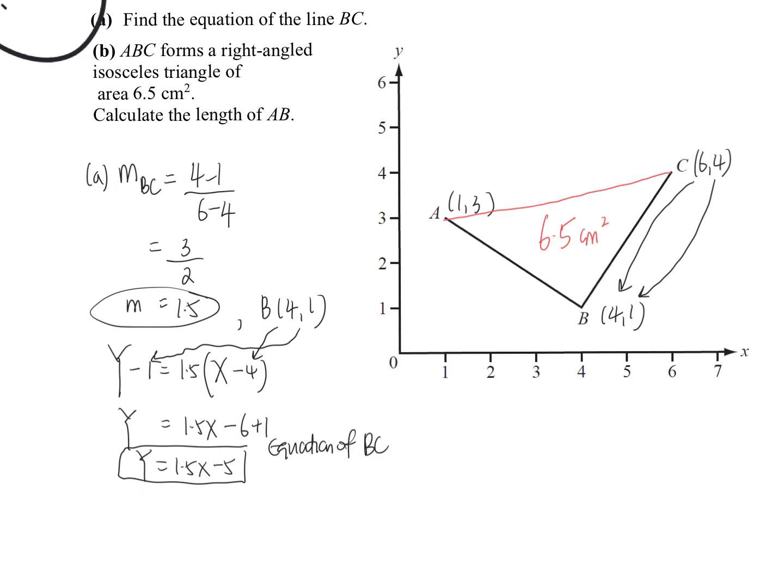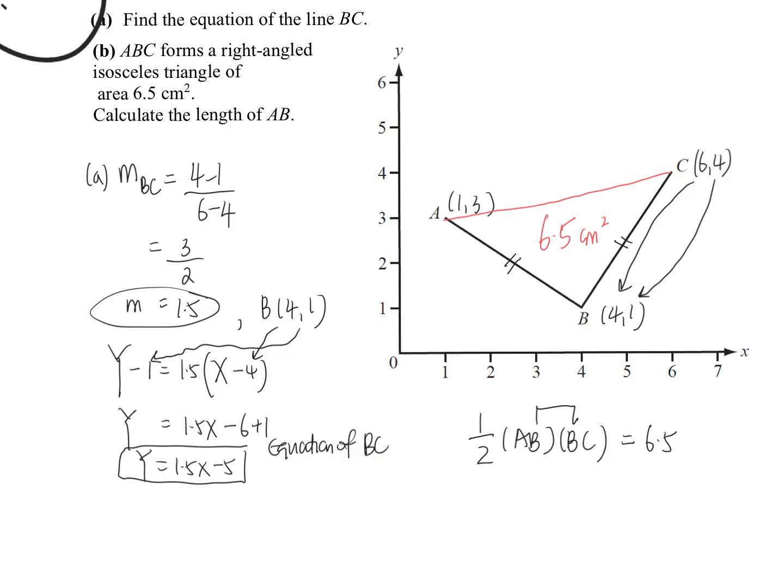Just use Pythagoras, right? Yeah, because by right, this one and this one are the same, so half times AB times BC gives me 6.5.